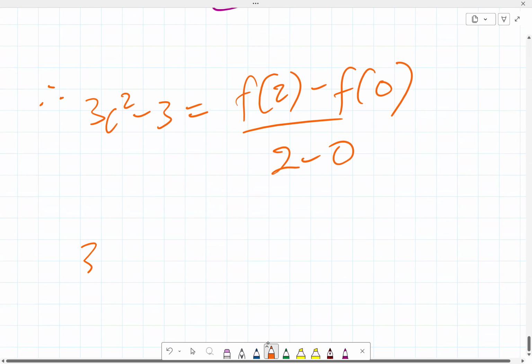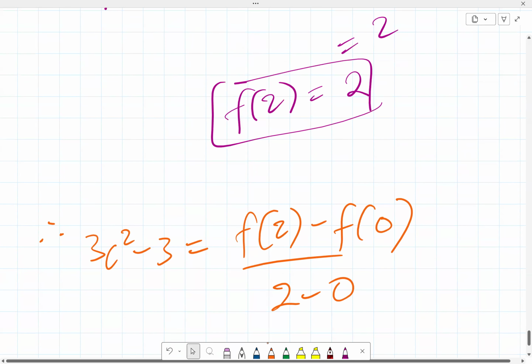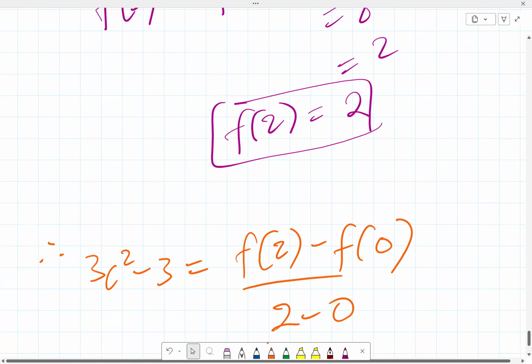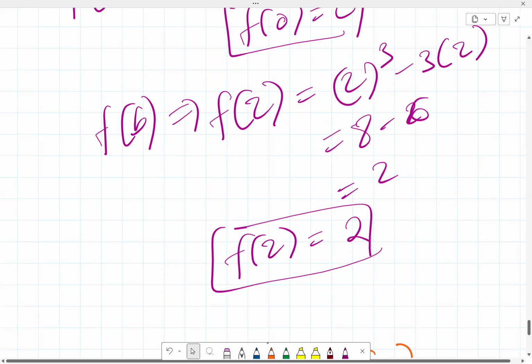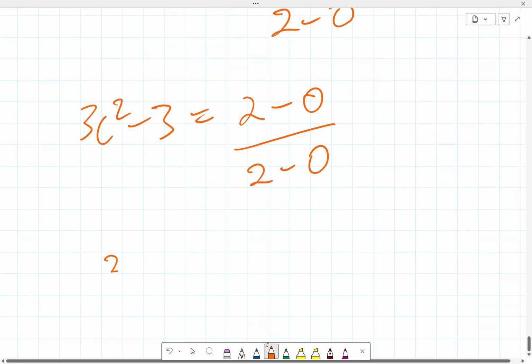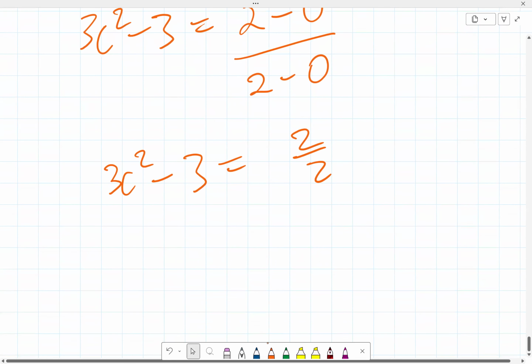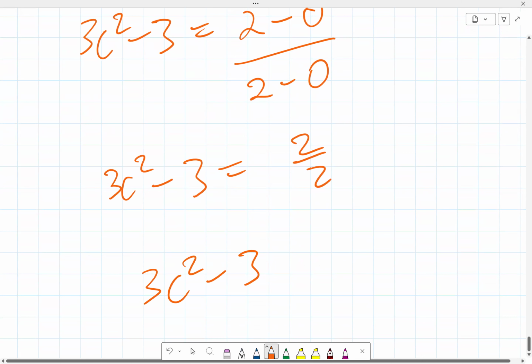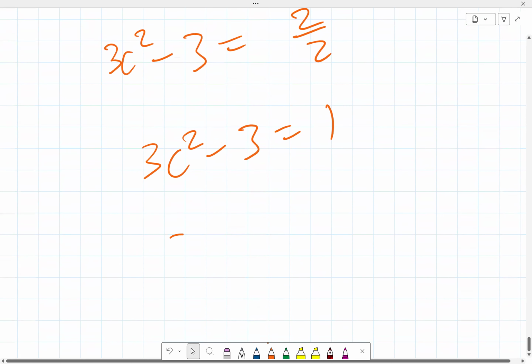We found f of 2 to be 2 already, and f of 0 is 0. Then we have 2 minus 0 again. So 3c squared minus 3 equals 2 over 2, that is 3c squared minus 3 equals 1. So 3c squared equals, add 3 to both sides, 4.